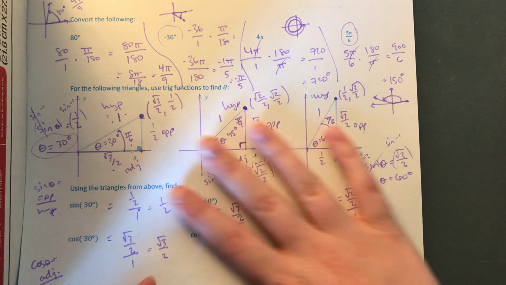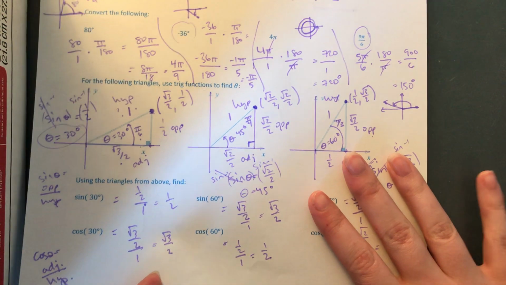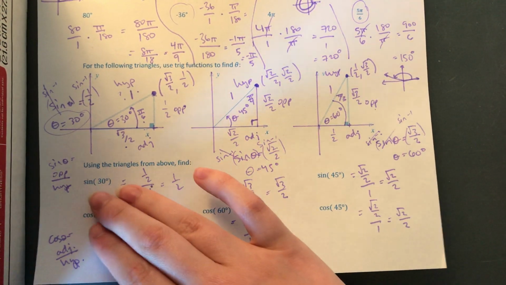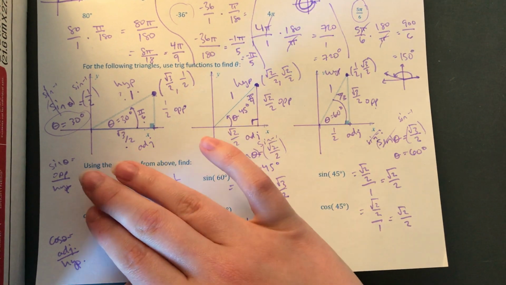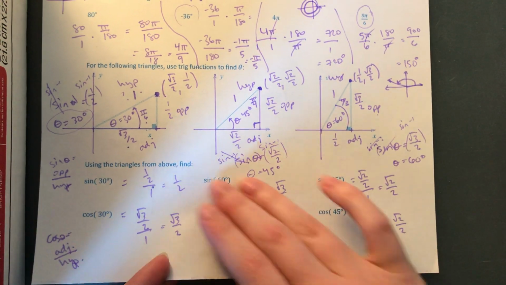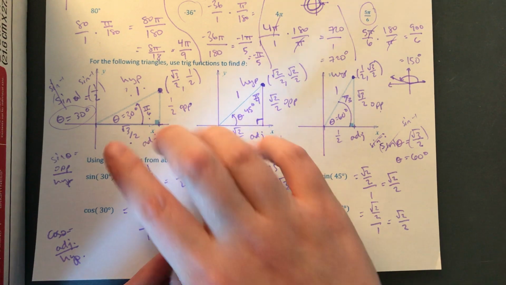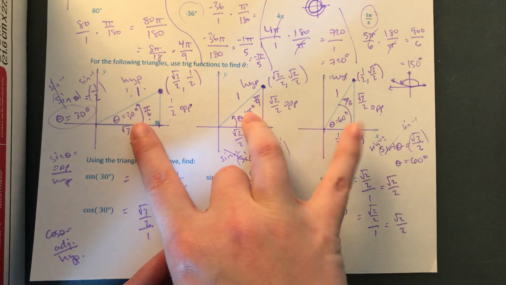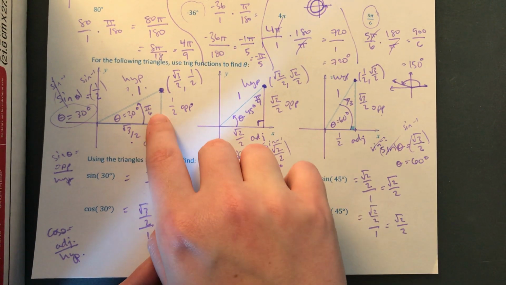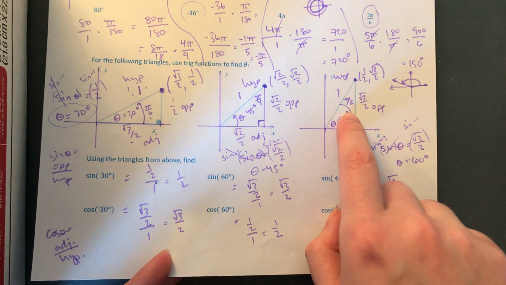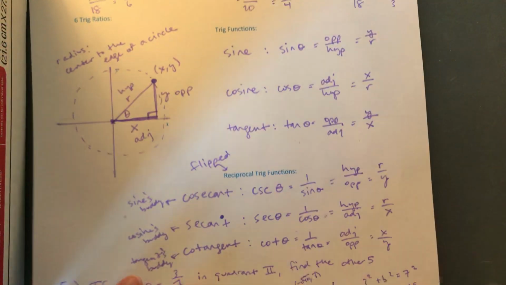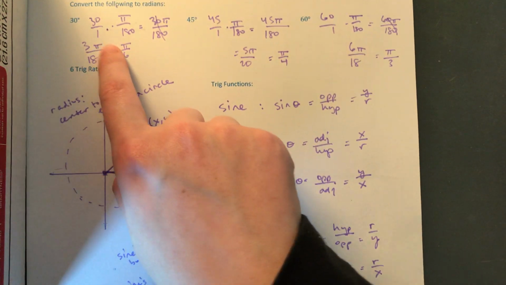We did some practice with some special triangles, using opposite, hypotenuse, adjacent to fill out sine, cosine values, and visualizing what 30 degrees, 45, and 60 degrees look like as radian values. So pi over 6, pi over 4, pi over 3. Radians to degrees, degrees to radians practice.